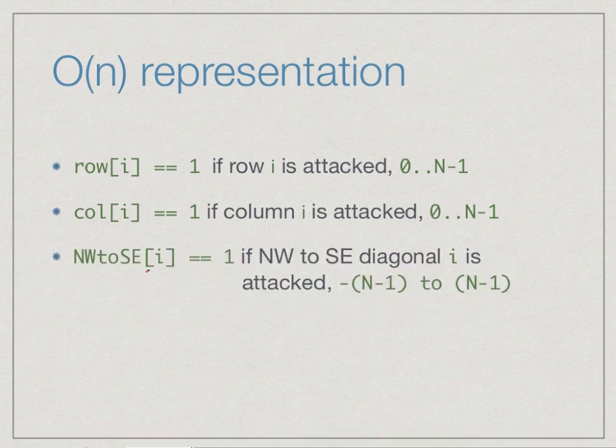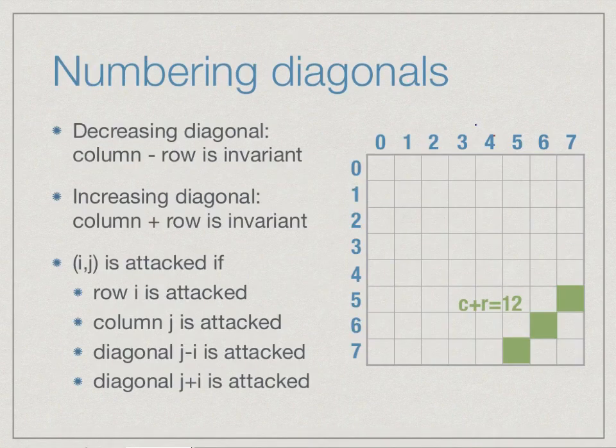Now when we look at the diagonals, we have these two types of diagonals. The northwest to southeast diagonal is the one where the difference is the same. If you look at the differences, at this diagonal here the difference is 7 minus 0, which is 7. And here the difference is 0 minus 7, which is minus 7. So it goes from plus n minus 1 to minus n minus 1.